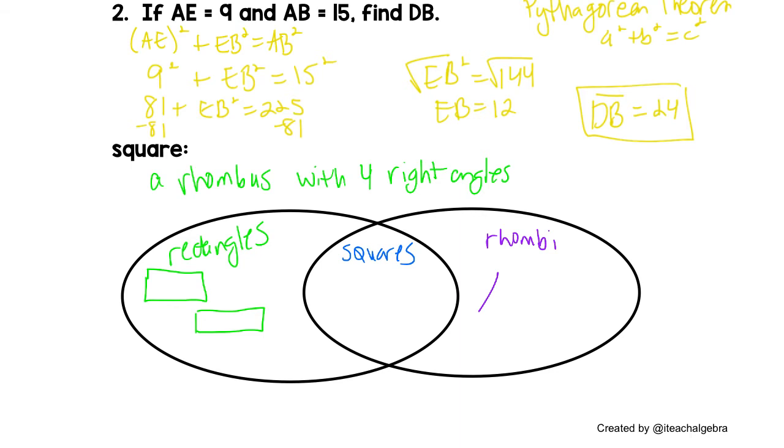Squares are both rectangles and rhombi. Diagonals bisect a pair of opposite angles, and the diagonals are perpendicular. But like rectangles, they have parallel sides and they make right angles at the corners. So the squares are the best of both worlds.